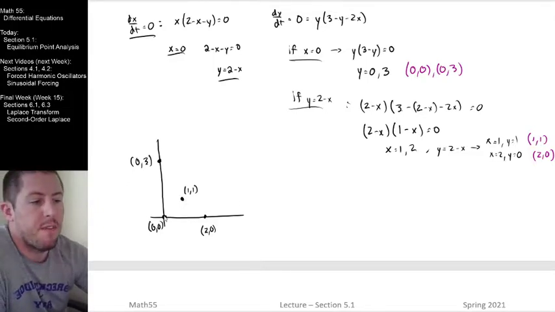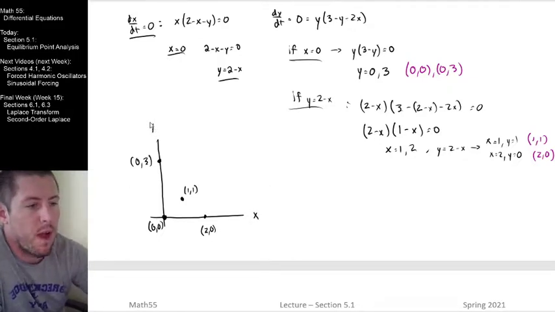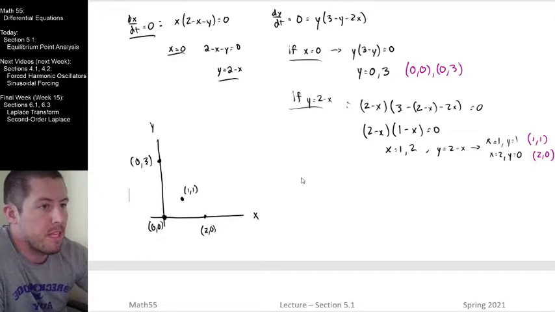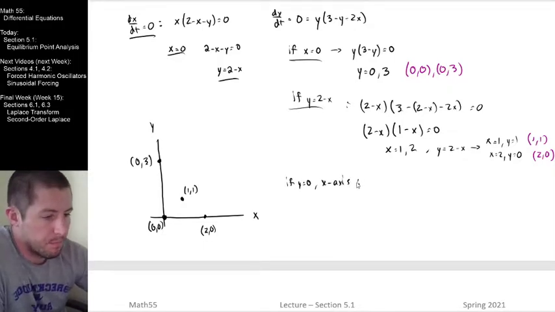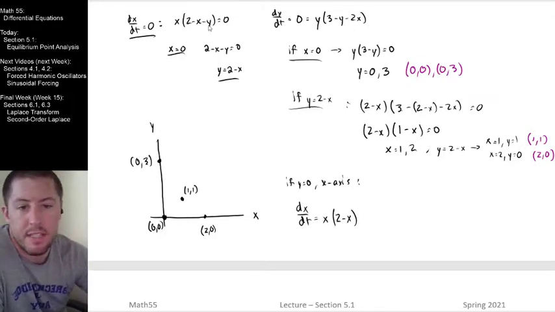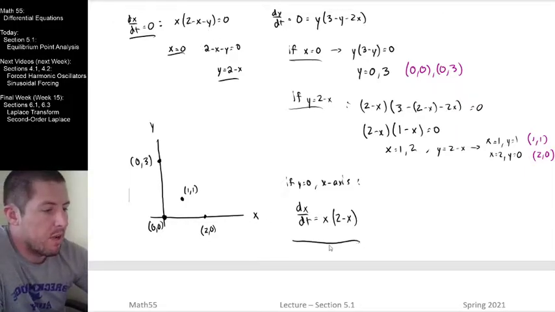Well, I'm noticing that we could think about phase lines here for the x and for the y axis. If y equals 0, then we're on the x-axis. And if y is equal to 0, I want to know in what direction x is changing. So we're going to see dx/dt equals x times (2 minus x), because the y component is 0. Based on this equation, 0 and 2 are the two equilibria.